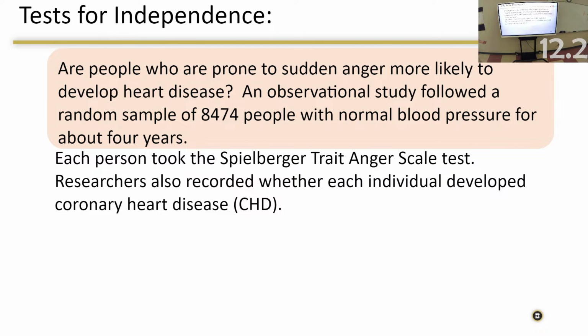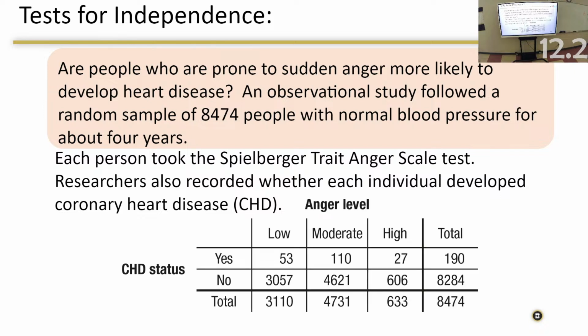Researchers also recorded whether they developed coronary heart disease. There's the table. They're trying to see if there's an association between heart disease and anger level. It's independent. That's a test for independence. It's not homogeneity because I'm comparing two different variables.